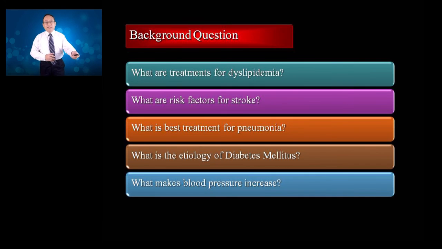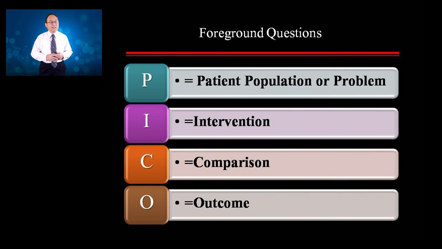For instance, examples of background questions: What are the treatments for dyslipidemia? What are the risk factors for stroke? What is the best treatment for pneumonia? Those are background questions. But a foreground question is, for instance, P is patients or population, I is intervention, C is comparison, and O is outcome.